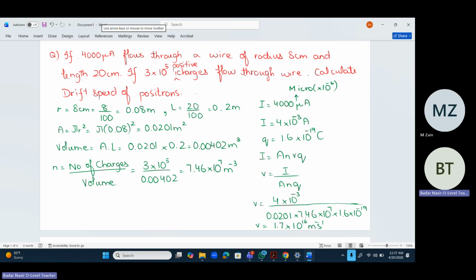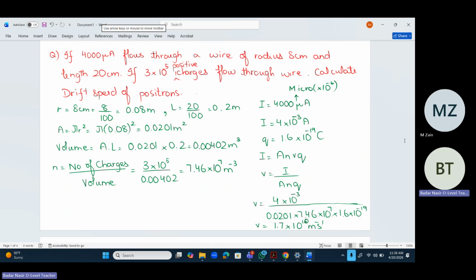Divided by 7.46 divided by 19.6. 4000 into 10 to the power minus 6. 0.0201. So yes, this is coming: 1.67 into 10 to the power minus 10.